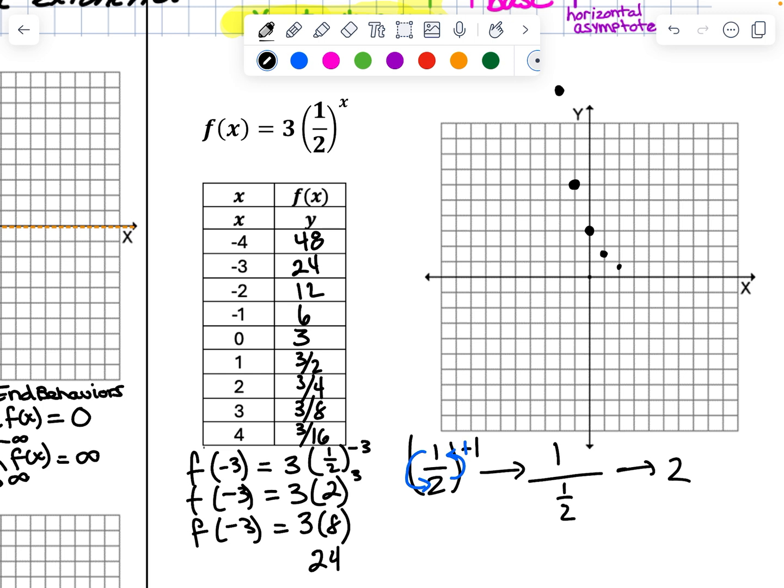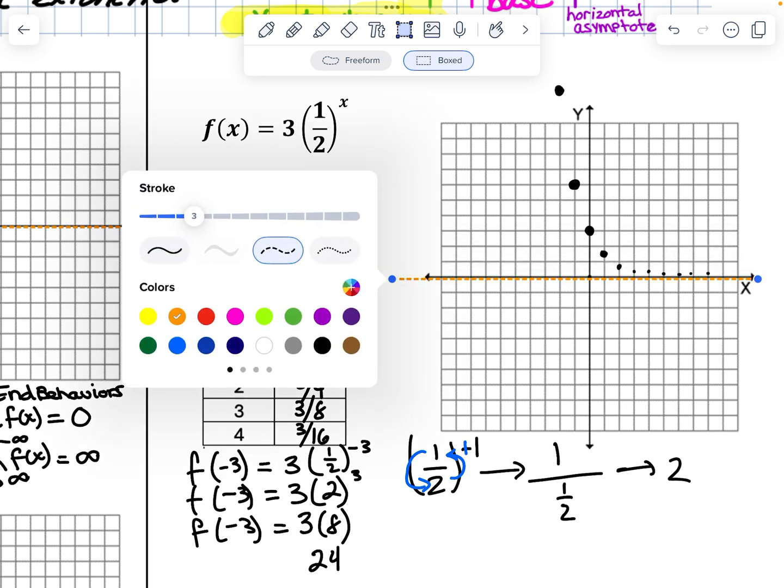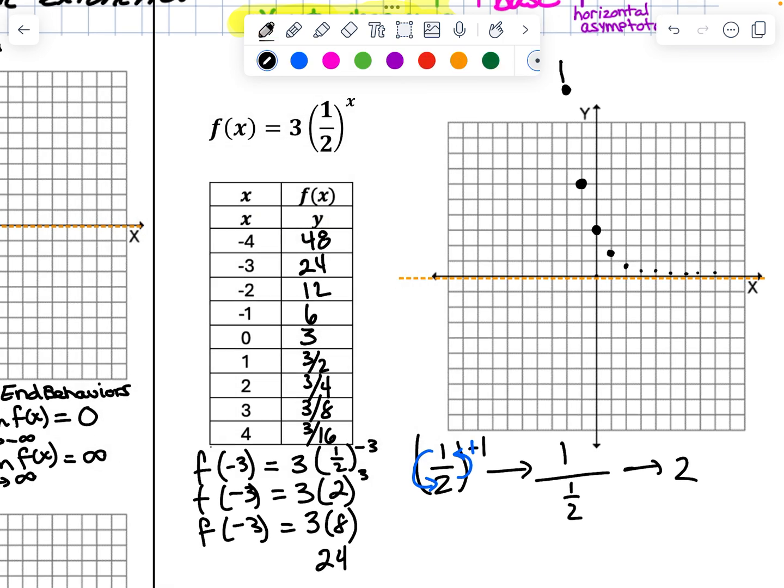And we have 3 and 3/8, etc. But still, what's consistent before is it's still never going to hit the x-axis. And it's going to be this curve.